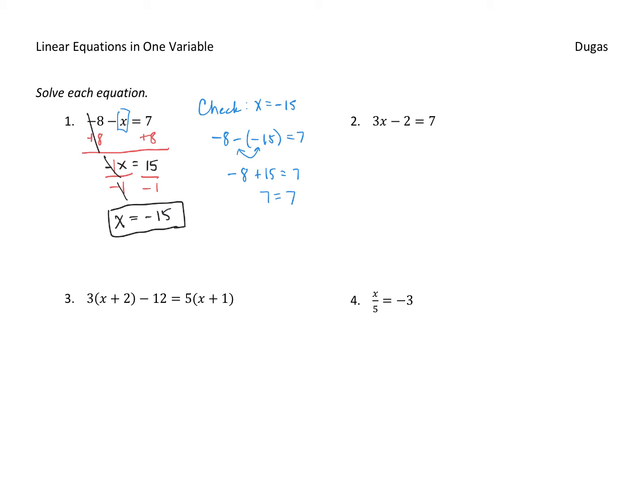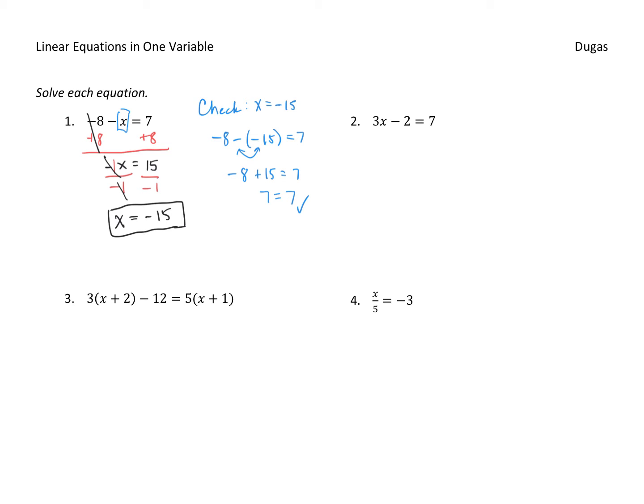I will get 7 equals 7. And so it checks. In future equations, you're going to have to check. It's going to be a requirement because sometimes you'll end up getting an extraneous solution, meaning you'll get one that's extra that doesn't actually work. When you're solving a linear equation in one variable, you don't have to check. You can, but you don't have to.